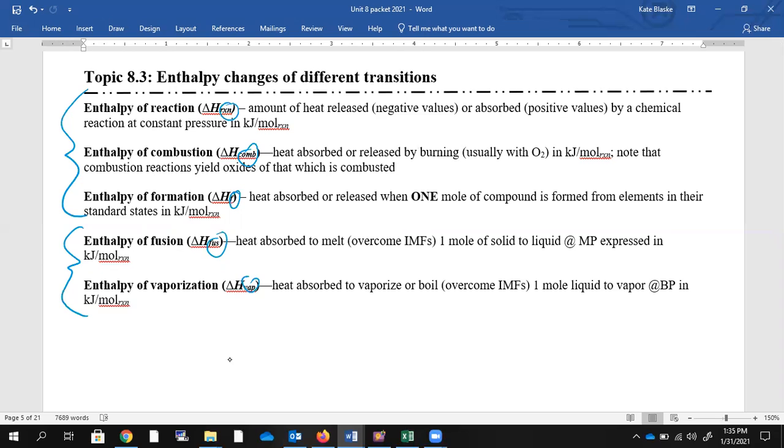So we're talking about intermolecular forces this time. And then enthalpy of vaporization, with a little VAP at the end, is talking about the phase change from gas to a liquid or liquid to a gas. Now I'm saying both phase changes because it's the same phase change. If one way requires energy, the other way is going to release energy, depending on which phase you're changing from.